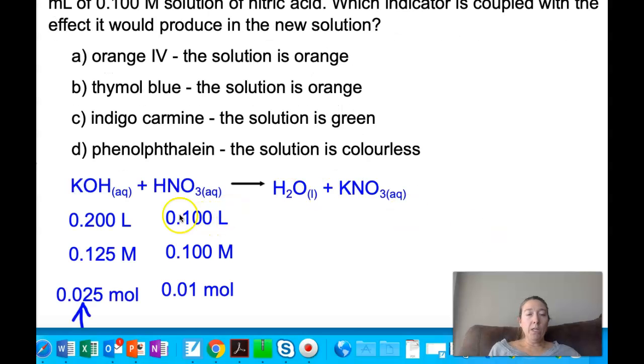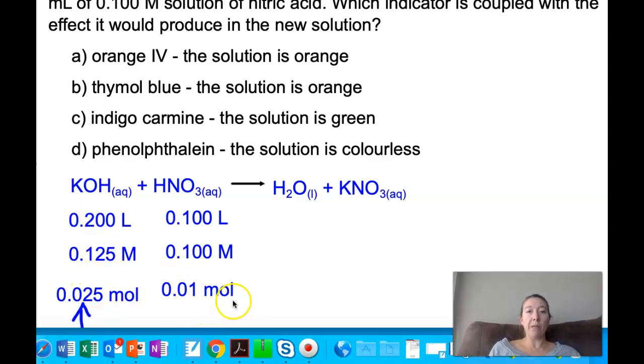Okay, so we have our neutralization equation of potassium hydroxide with nitric acid to give us water, potassium nitrate. We were given the volume of potassium hydroxide as 0.2 and the concentration is 0.125. For the nitric acid, we are given 0.1 liters and 0.1 moles per liter. From those, we can calculate how many moles of potassium hydroxide we have just by multiplying these.